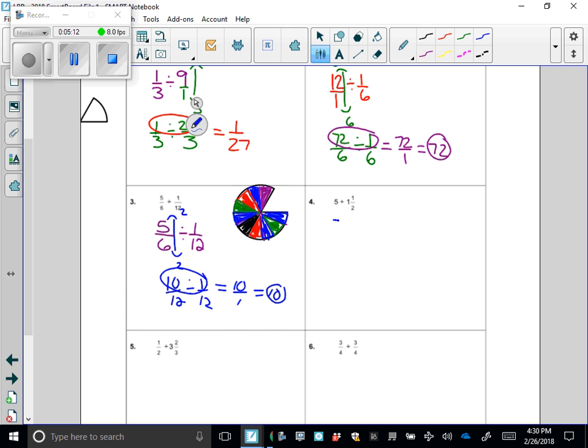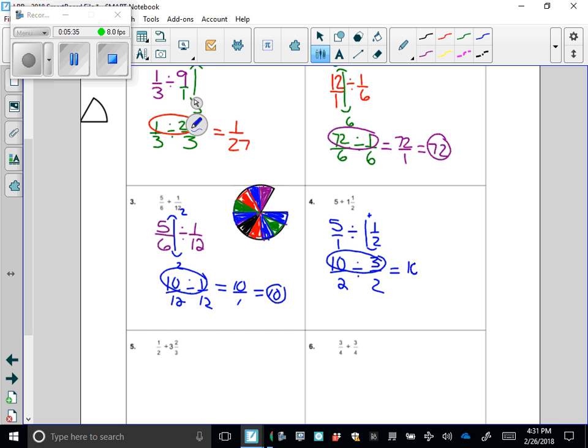So this is 5 divided by 1.5. So our steps were get a common denominator, and then after we do that, change any improper to mixed. So that's 2 plus 1, 3/2.